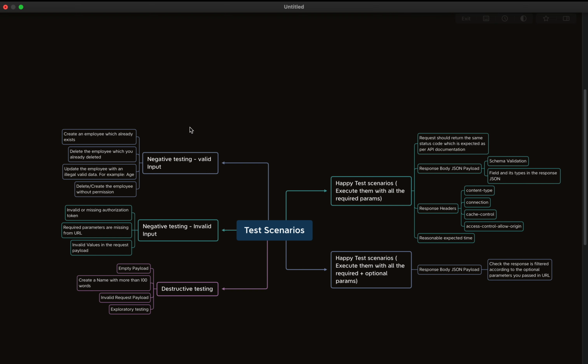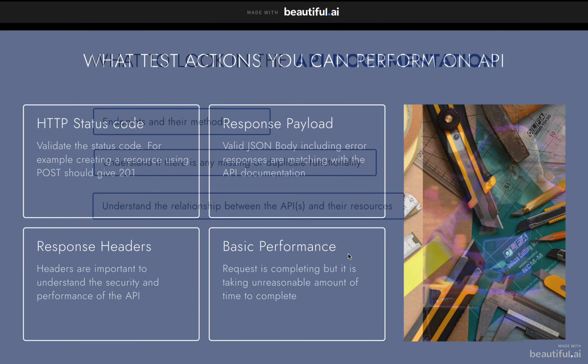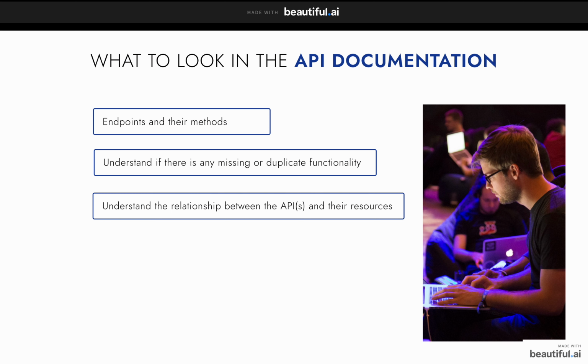So just make sure you write or execute all these scenarios whenever you have to test an API. If I talk about the API documentation again, just make sure that whatever is written matches and is as expected: the response status code, content type, and many other things are written in API documentation.